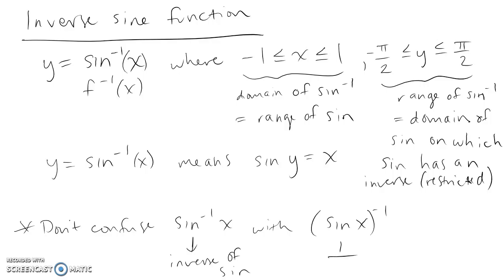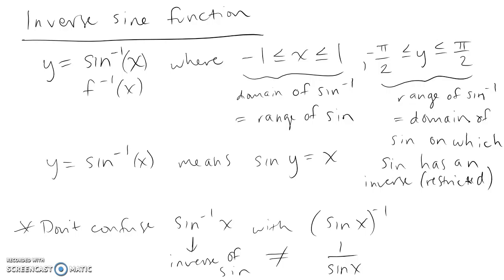This here, sine x to the negative 1 power, is the same thing as 1 over sine x. These two things are not the same. You do not find the inverse of sine by taking 1 over sine, because you're looking for the angle that gave you a specific sine value, and that's not necessarily 1 over the value.